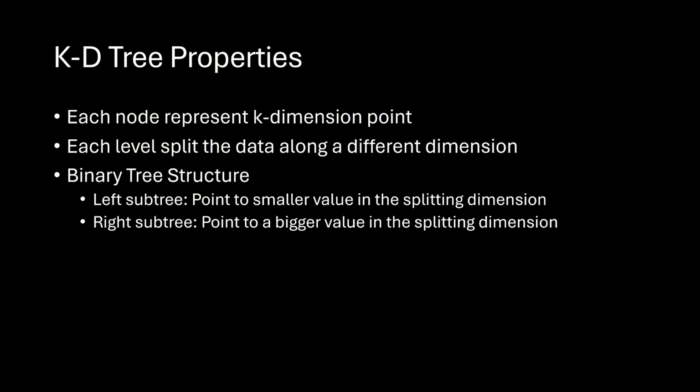Some properties of the KD tree. Each node represents a k-dimensional point. So for example, in the XY plane, each node would be a point, and it has an x coordinate and a y coordinate.